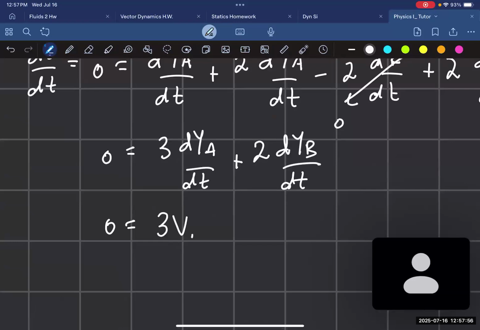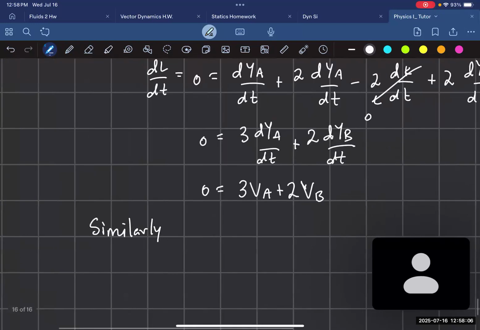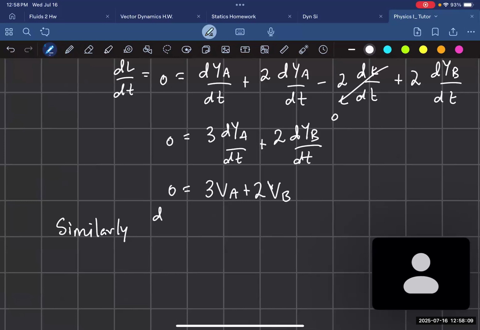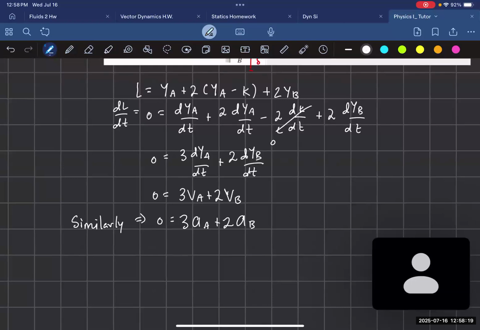So we just get 3 velocity of A plus 2 velocity of B is equal to 0. And then we can also say similarly, if we take the derivative one more time, we would get 0 is equal to 3 acceleration of A plus 2 acceleration of B, right? So this is our constraint equation, right?